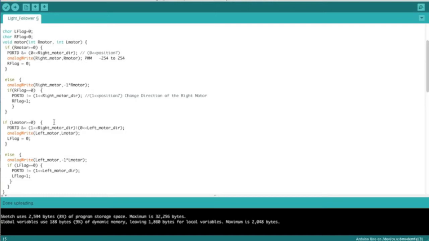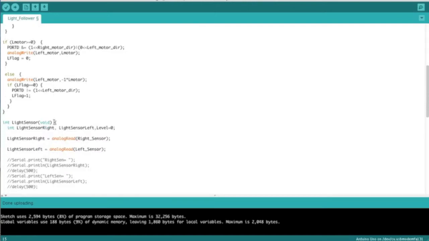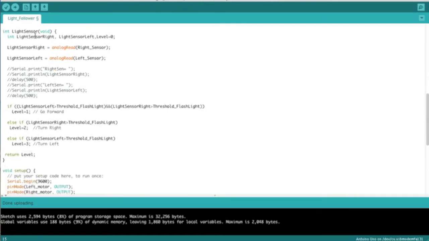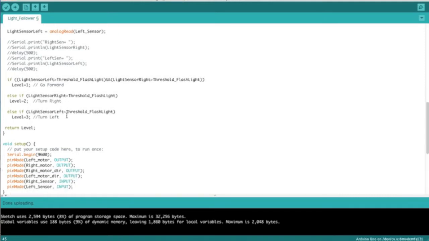So let's move on to the next function, which is right here, and this is the function for the light sensor. We have two sensors in my case, the right and the left, and a variable called level, and I'm reading the value of the sensors over here and over here, and I'm using those values to have different levels.